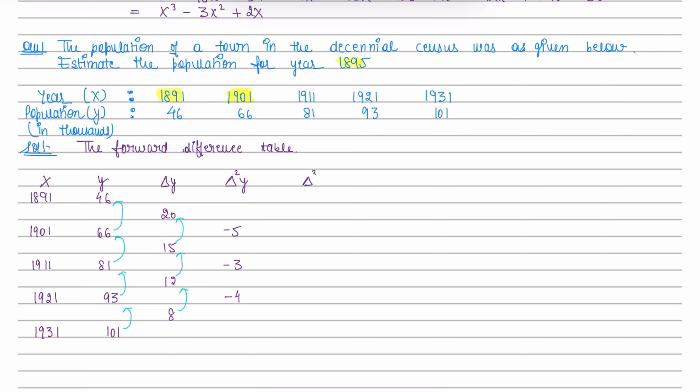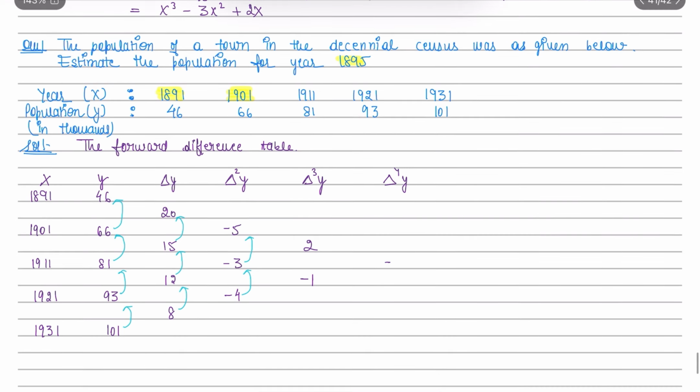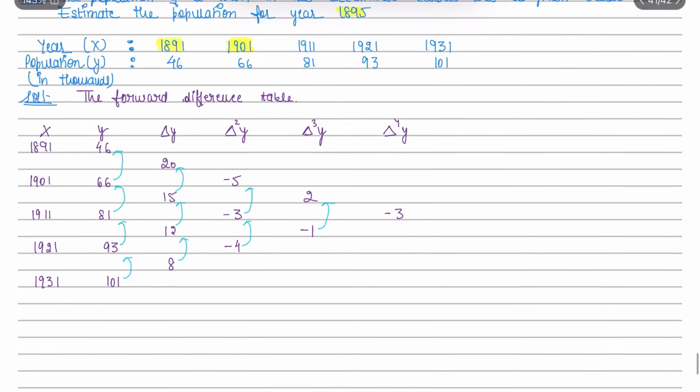For forward cube y, it will be minus 3 minus of 5, which is 2, and minus 4 minus 3, which will be minus 1, and we are left with only one term, which will be forward 4 y, which will be minus 1 minus 2, which is equal to minus 3.